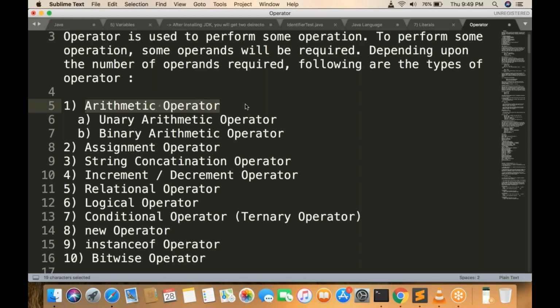In the case of a unary arithmetic operator, only one operand is required and the type must be numeric or character type.